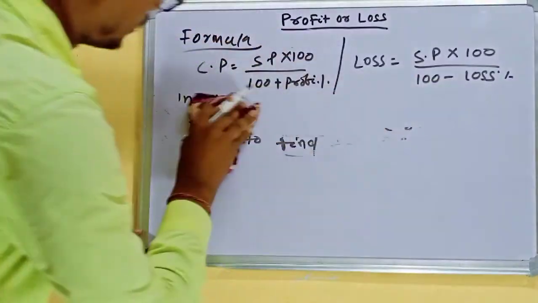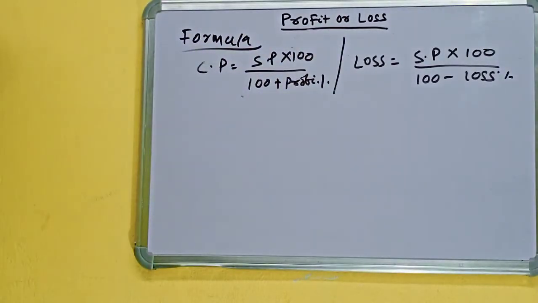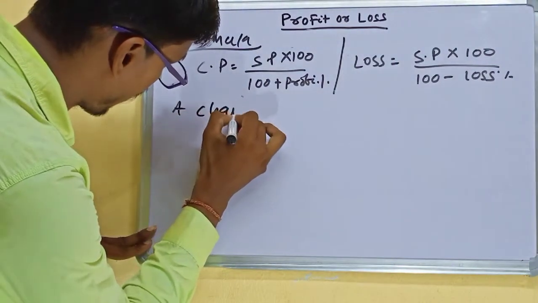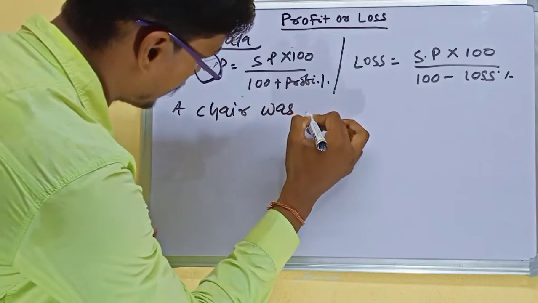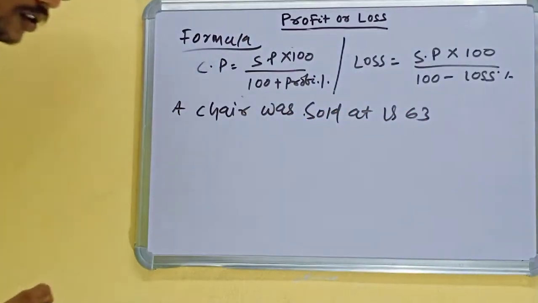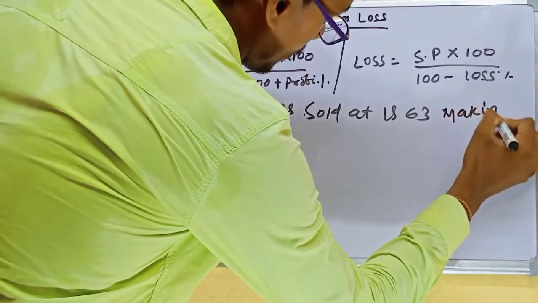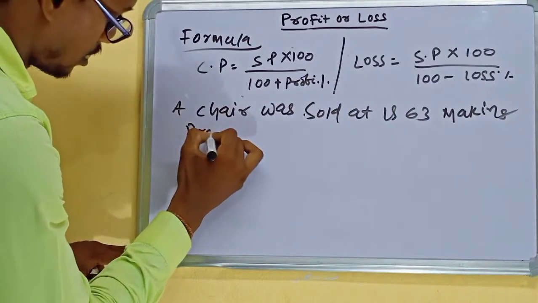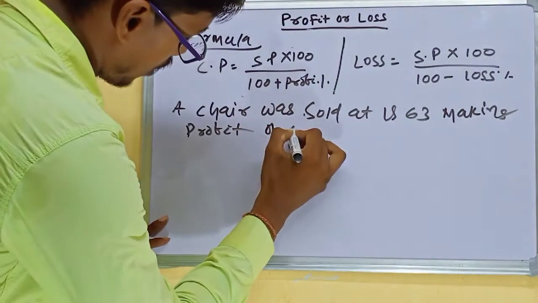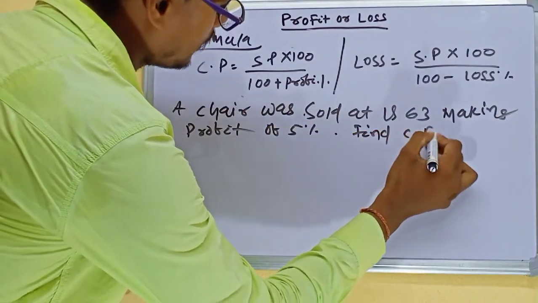Let's take an example: a chair was sold at rupees 63, making a profit of 5%. Then find the CP.